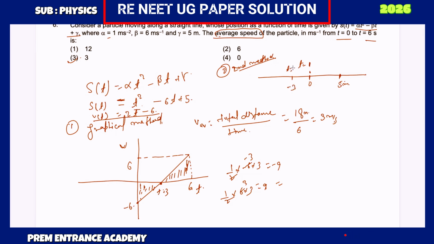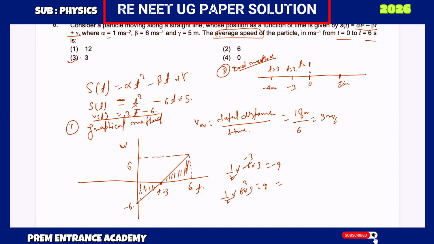At t = 3 seconds, putting t = 3, it will be 9 + 5 = 14, minus 18, which is −4 meter.